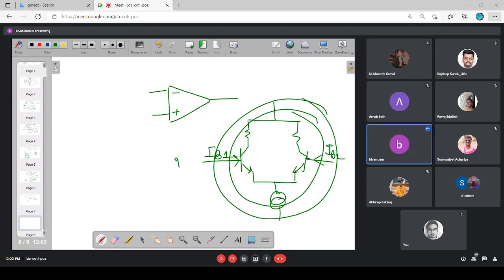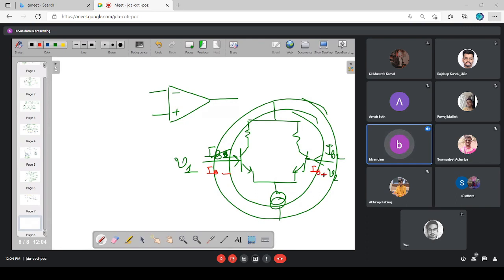Now here I am giving V1 input, I am giving V2 input. In the case of operation amplifier, the V2 input is given to the non-inverting input terminal and V1 input is given to the inverting input terminal. So this must be termed as the IB minus and this is termed as the IB plus.